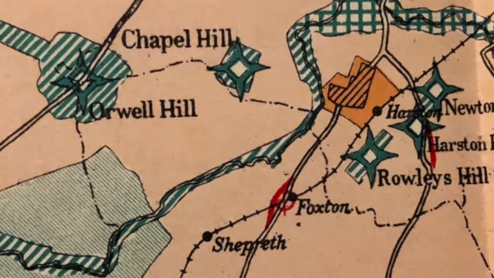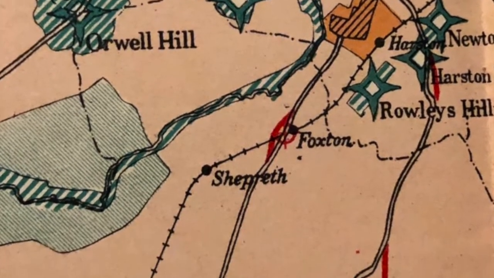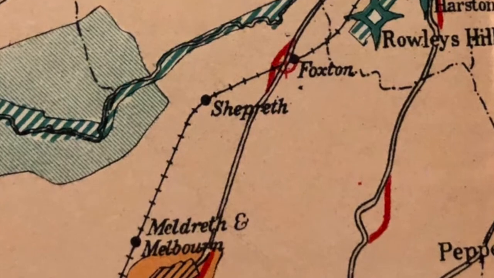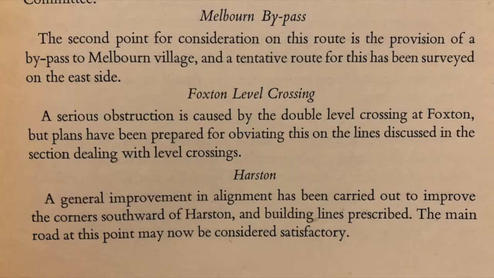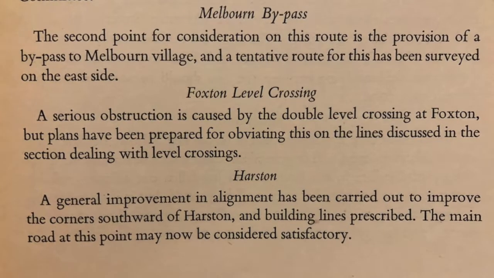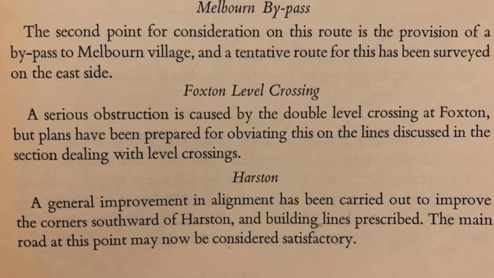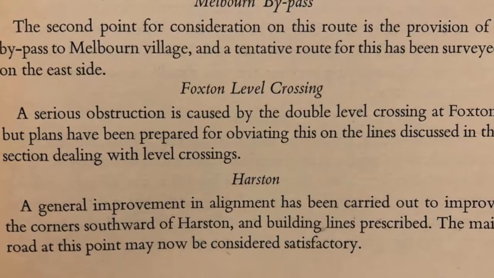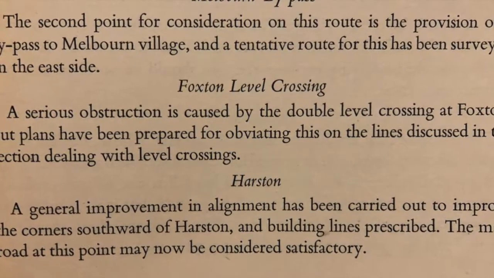Remember, this is before the days of motorways, and this was the Royston to Cambridge section of the A10. And as you can see, it is very clearly identified as the level crossing being a big problem, and yet Davidge states a serious obstruction is caused by the double level crossing at Foxton, but plans have been prepared for obviating this on the lines discussed in the section dealing with level crossings.